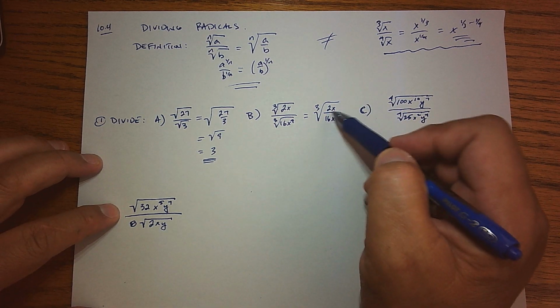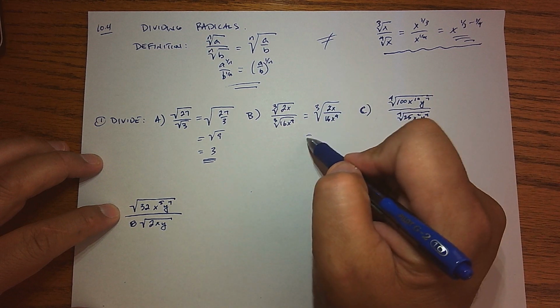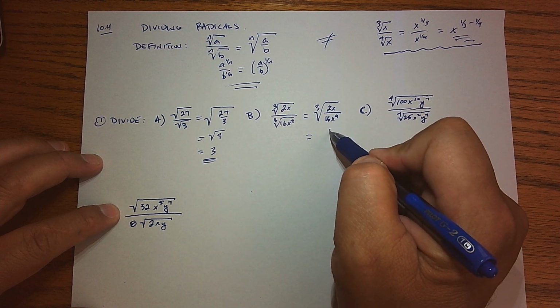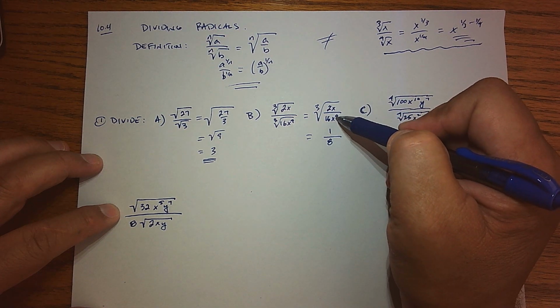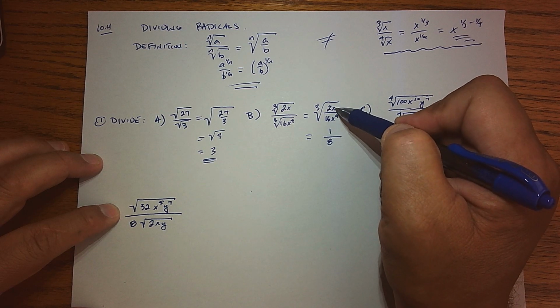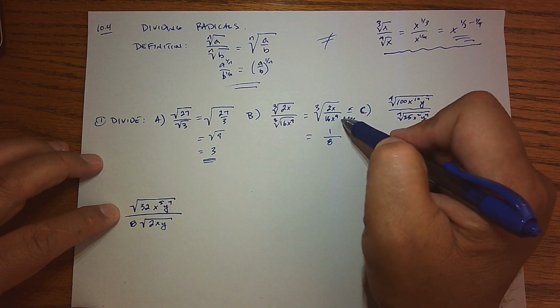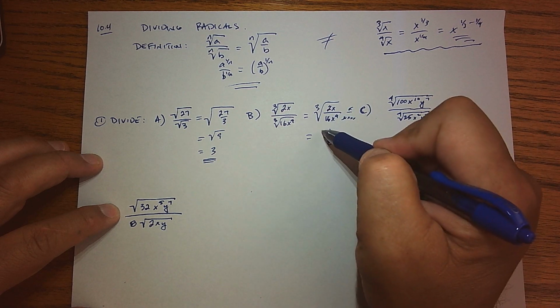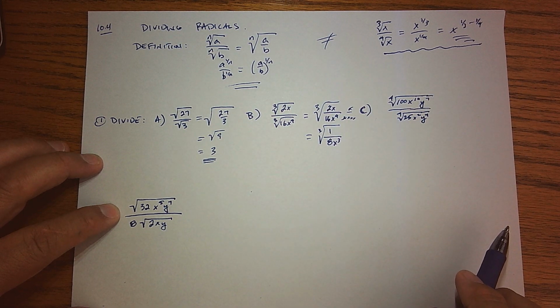And now we're basically down to simplifying a fraction. I think 2 goes into 16 8 times, right? So we have a 1 over 8, and then x and x to the fourth. Basically, there's 4 x's down here. They'll divide out with 1, right? So x divided by an x. So we're left with x cubed down there. So we have the cube root of 1 over 8x cubed.